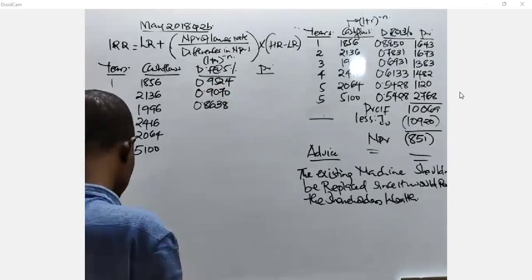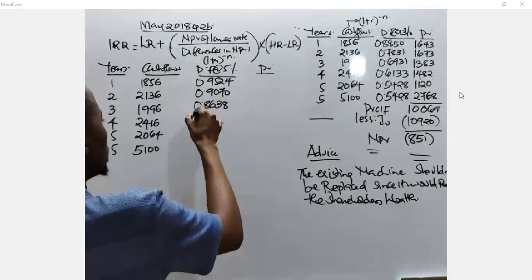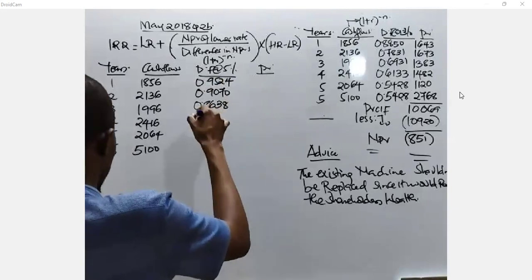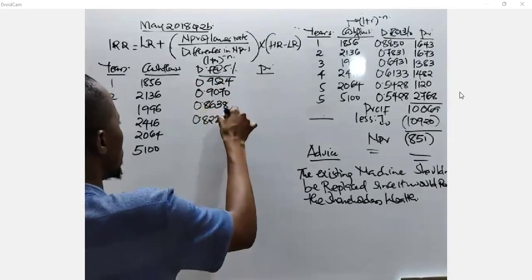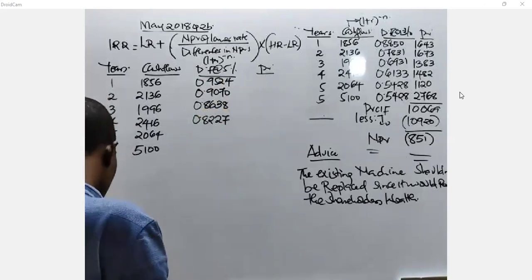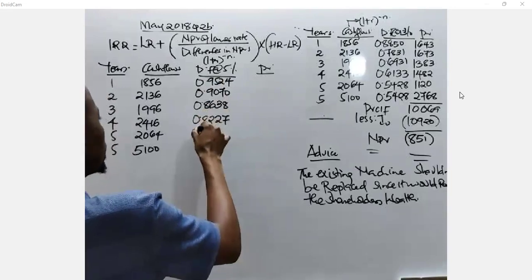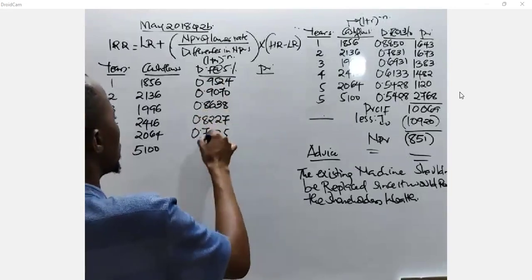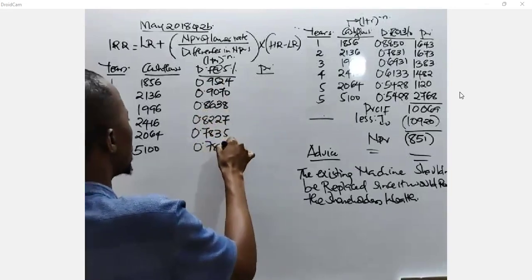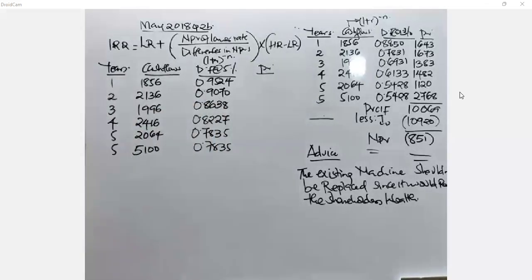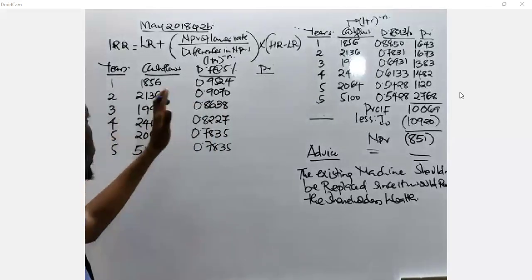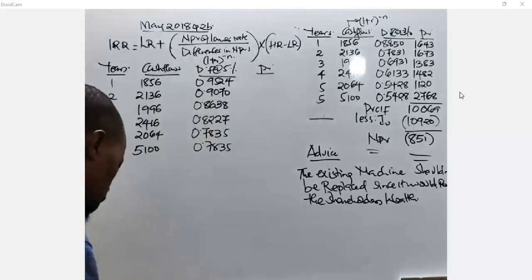Year 4, 0.8227. Then we go to year 5, 0.7835. Then you multiply the cash flow by the discount factor to get the present values.